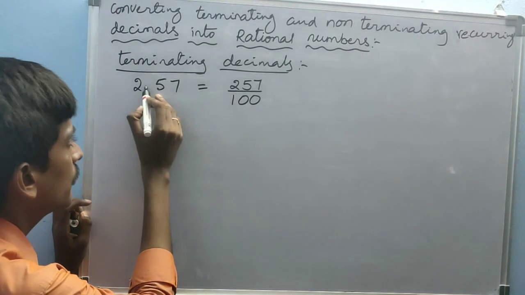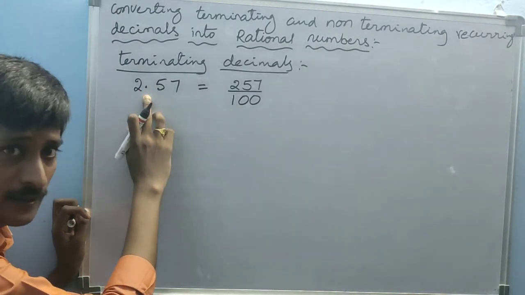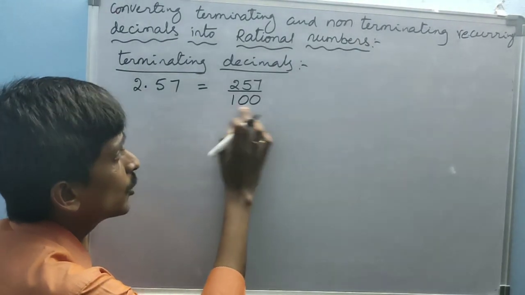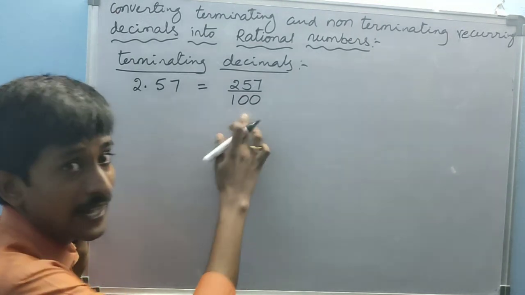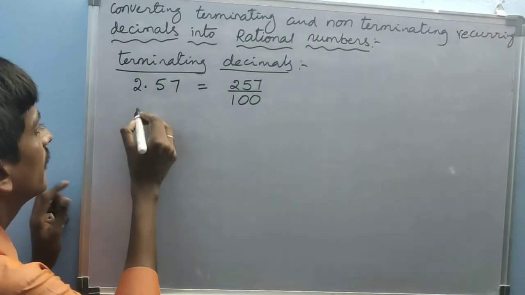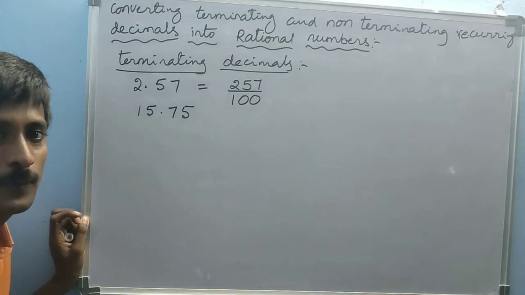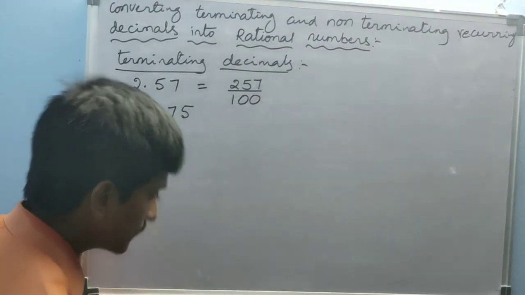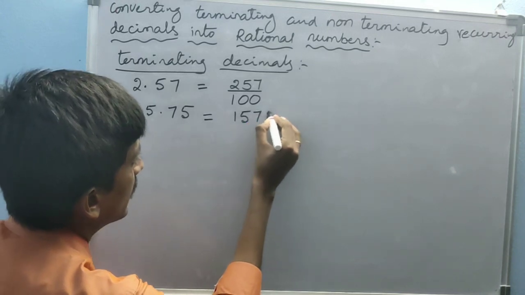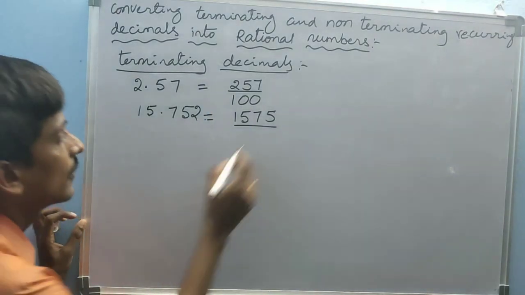If after the decimal point there are two digits, you keep two zeros after the 1 in the denominator. This is simple for a terminating decimal. For example, 15.75, that is 1575 by 100. Another example, 2.125.